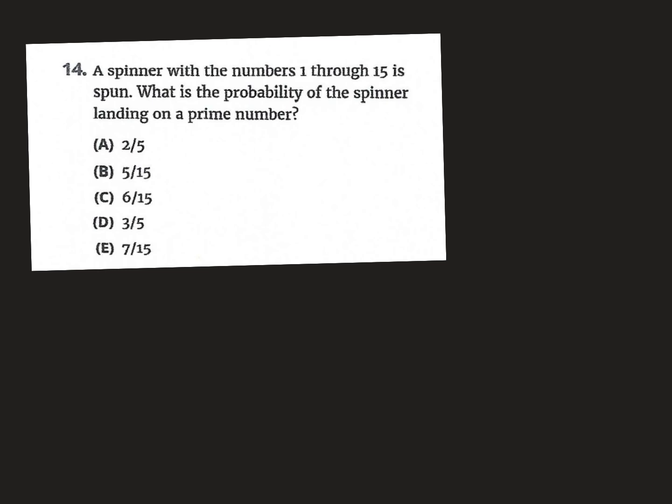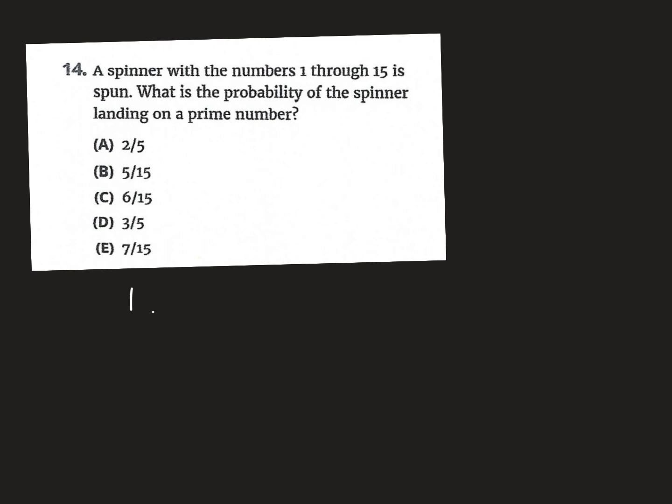So a spinner with the numbers 1 to 15 is spun. What is the probability of a spinner landing on a prime number? Okay, prime numbers have factors only one and itself.